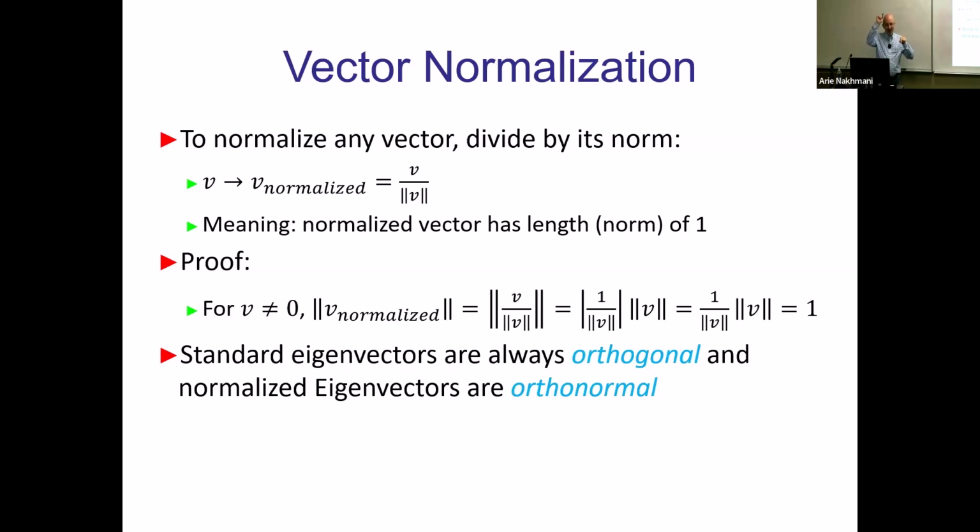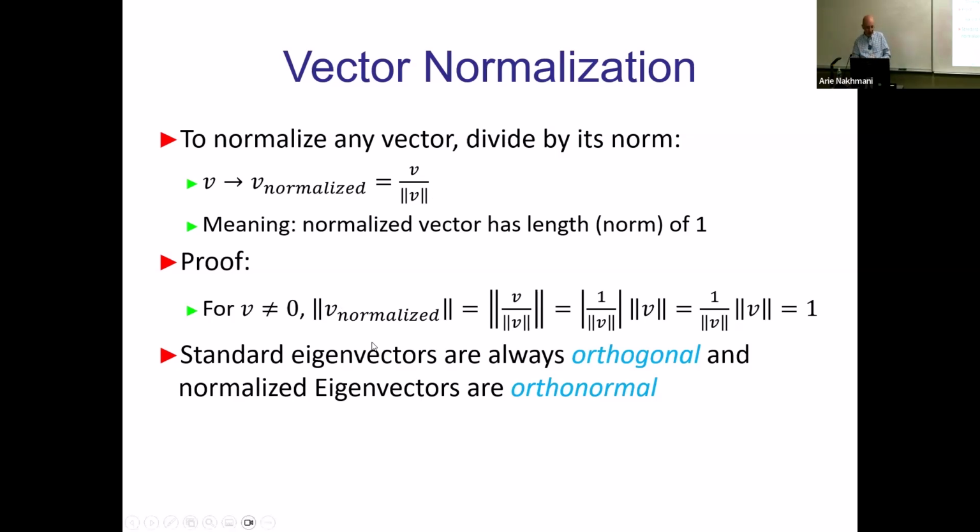So if you have coordinates x1, x2, x3, x4, and so on, you're just taking x1 squared plus x2 squared plus x3 squared, and the square root of the sum. This is the Euclidean distance from the origin to that point in n-dimensional space, a generalization of the two-dimensional and three-dimensional spaces, right? Same definition, this will be that norm. So if you're dividing by that length, you always get a vector of length 1 by definition.